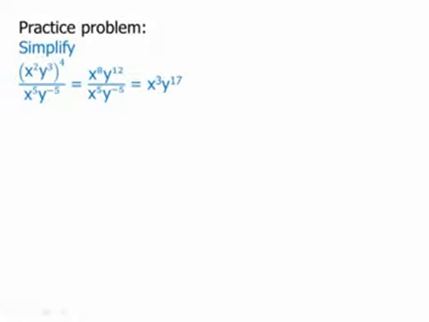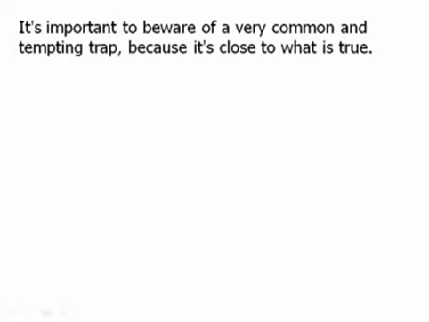Well, x to the 8th divided by x to the 5th, we subtract the exponents, that's going to be x cubed. y to the 12th divided by y to the -5th, that's going to be 12 minus -5, which is 12 plus 5, which is 17. And that's why we get x cubed y to the 17th.